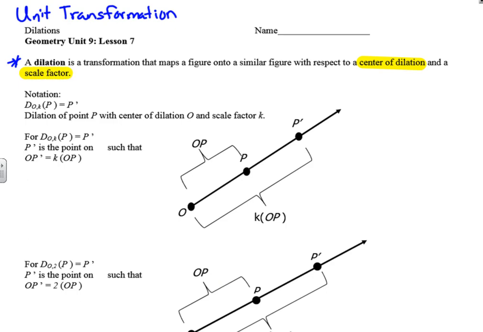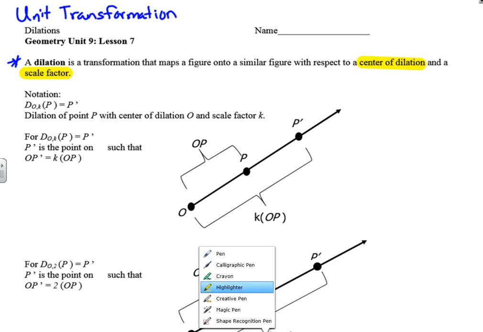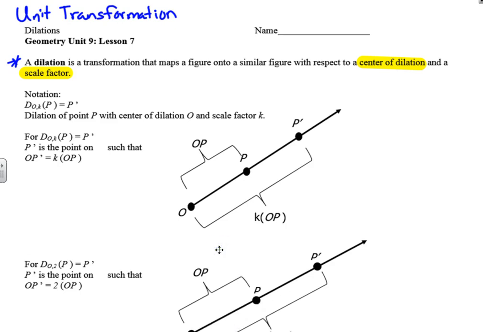For the notation that we have here, you see that we're using the capital letter D. The first piece here, this O, represents the center of dilation, K represents the scale factor, and P is the pre-image, and P prime then would be the image, or the result of that dilation.